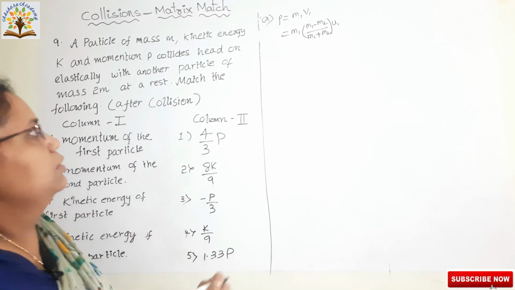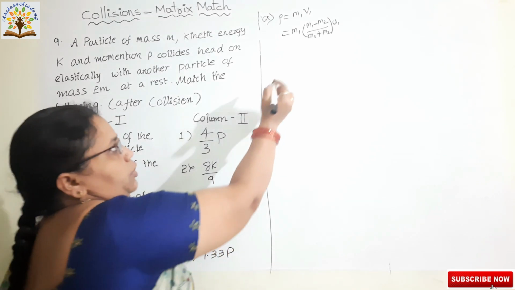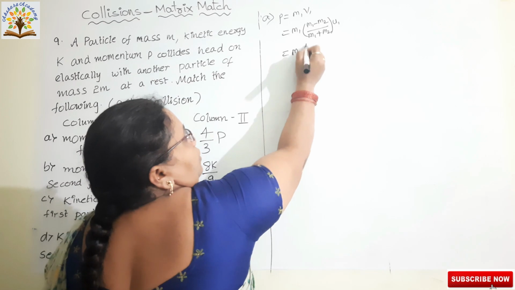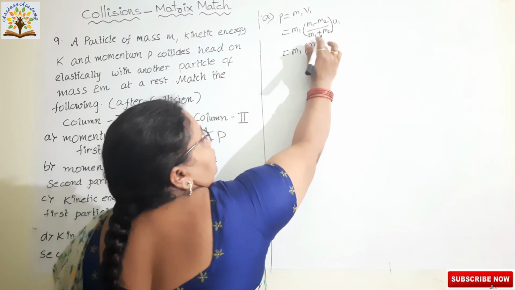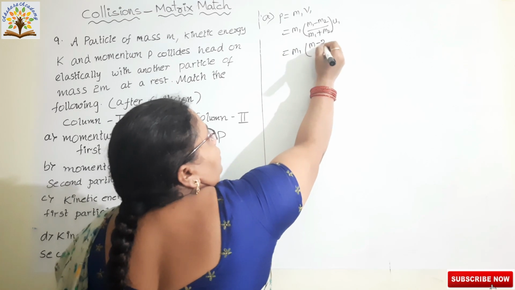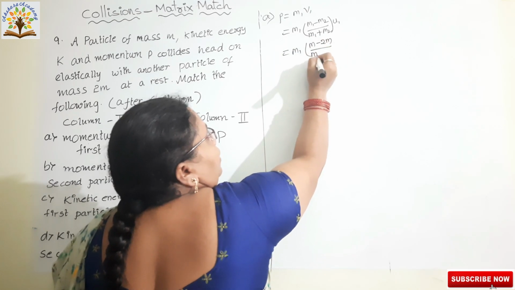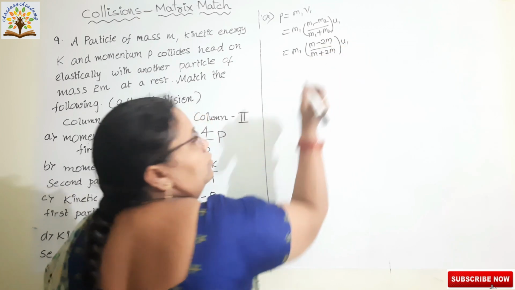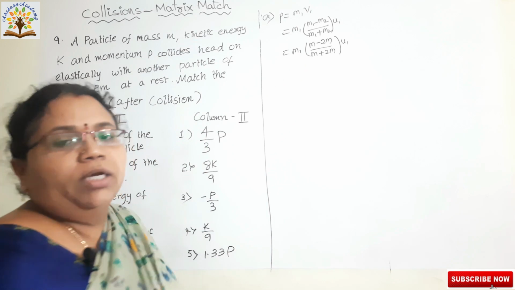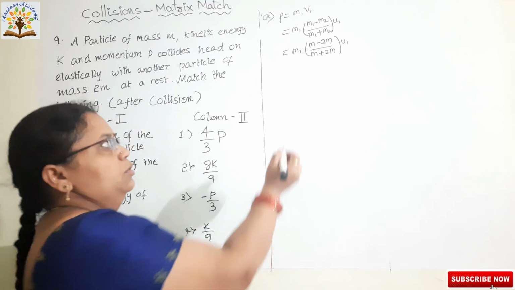What is m1? m. What is m2? 2m. So (m minus 2m) by (m plus 2m) into u1. This m1 u1 is equal to p.